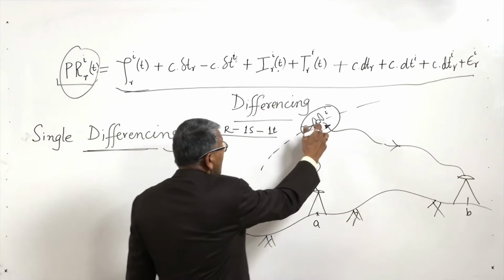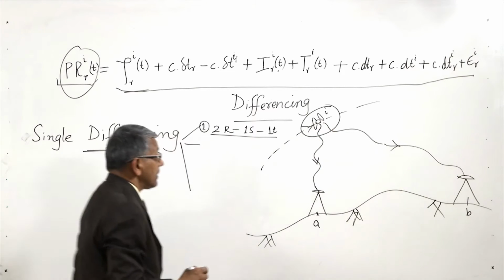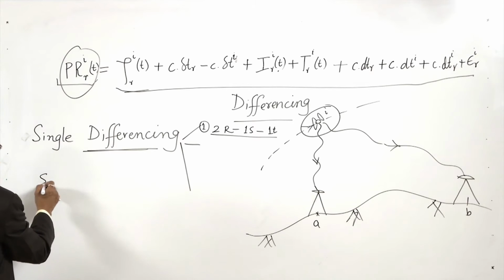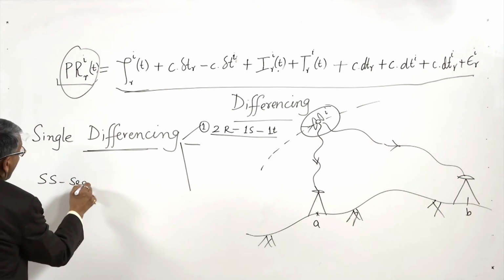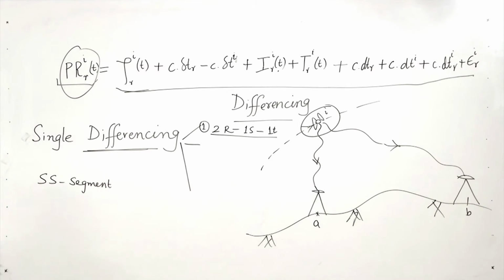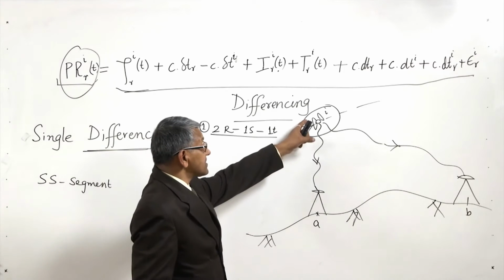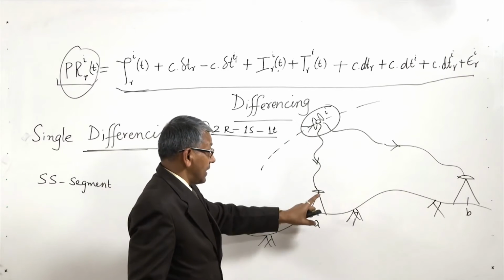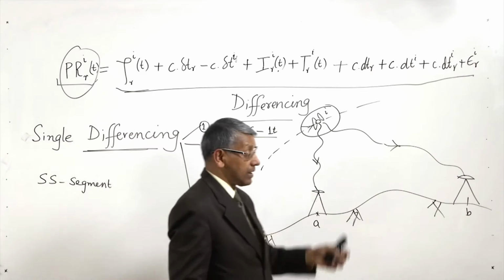will have the same space segment error, as we studied in the last class, that the observables are associated with space segment error, atmospheric error, receiver error and other errors.